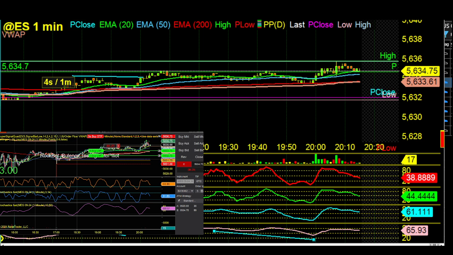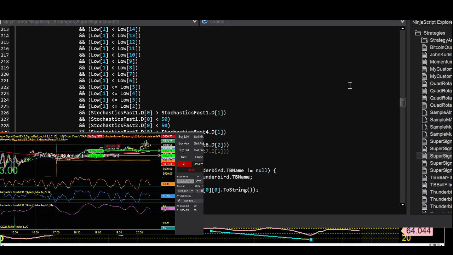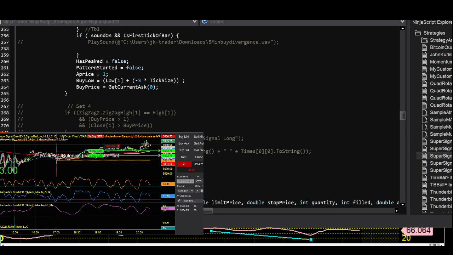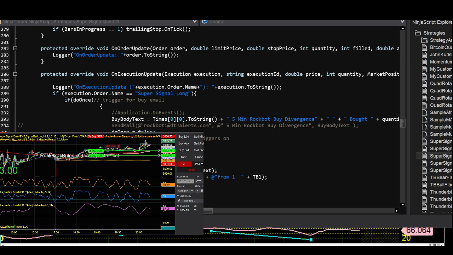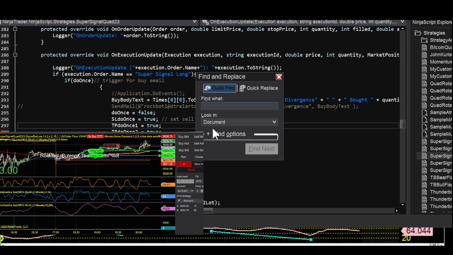But let me see before I even forget, if I have that trailing safety net one. Where would I find that? Maybe I have it here. You might actually see it programmed here, called the safety net. Safety net, did I spell it like that?